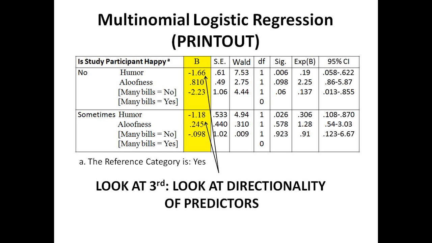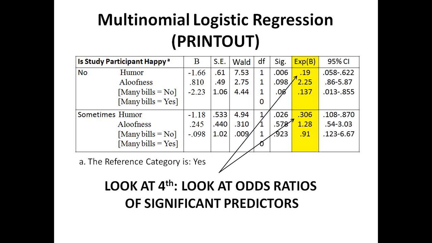And then the same thing with the sometimes category. We have the minus 1.18, indicating less. So in reference to those who are happy, yes, those who are happy sometimes or somewhat have significantly less level of humor.